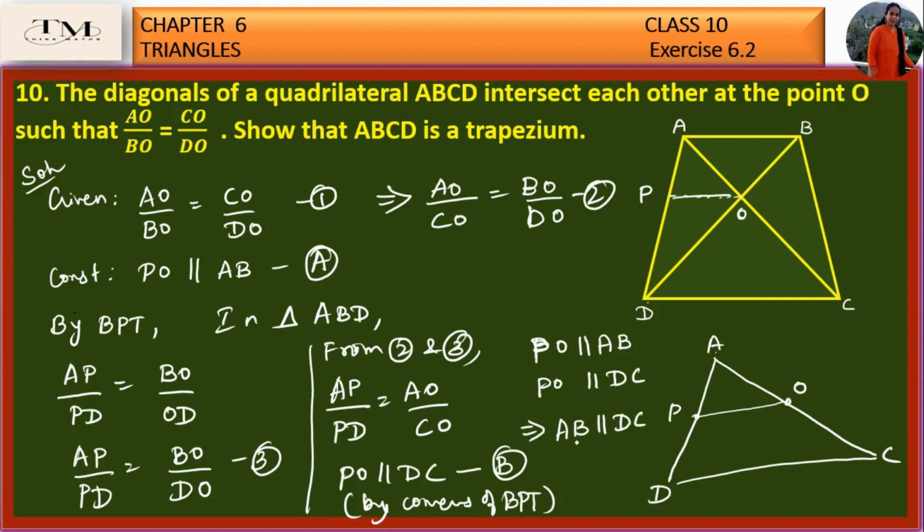So AB will be parallel to DC. So if two lines are parallel, then ABCD is a trapezium. Okay, understood? If one pair of opposite sides are parallel to each other, then the quadrilateral is a trapezium. So one pair of opposite sides AB and DC are parallel. So we have ABCD is a trapezium.